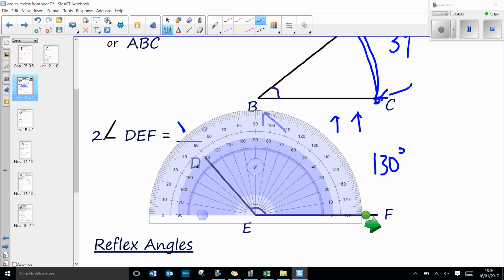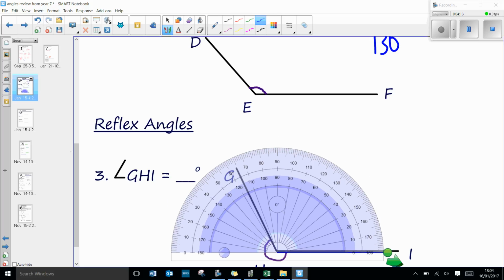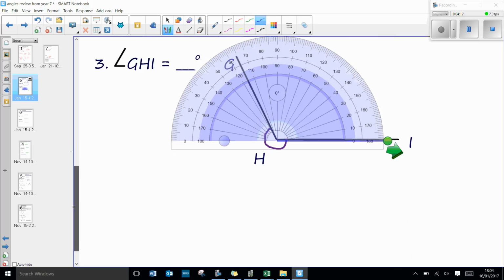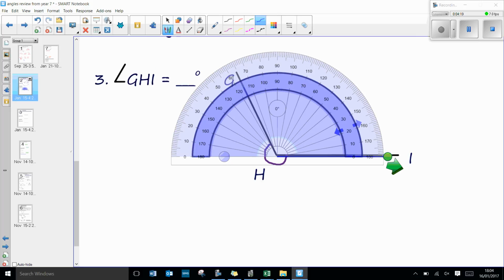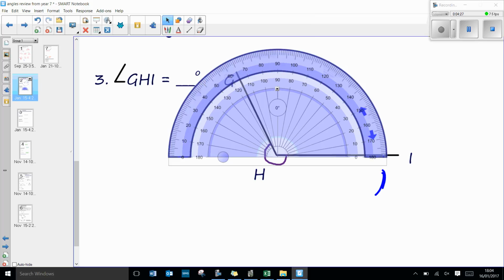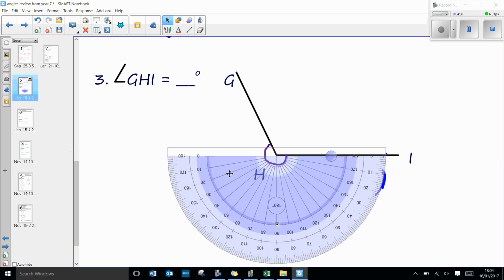Reflex angles are a little bit trickier because, as you can see, if I just spin this round, the protractor doesn't actually reach the whole way around.